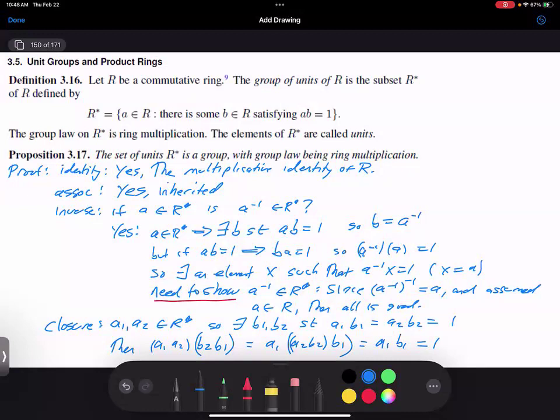What's interesting is because you did B2, B1, most people would do B1, B2. If you do B1, B2, then you have to use commutativity to move the B1 next to the A1 and the B2 next to the A2. But if we write it as B2, B1, we're good. So the question is, do we actually need R to be commutative?